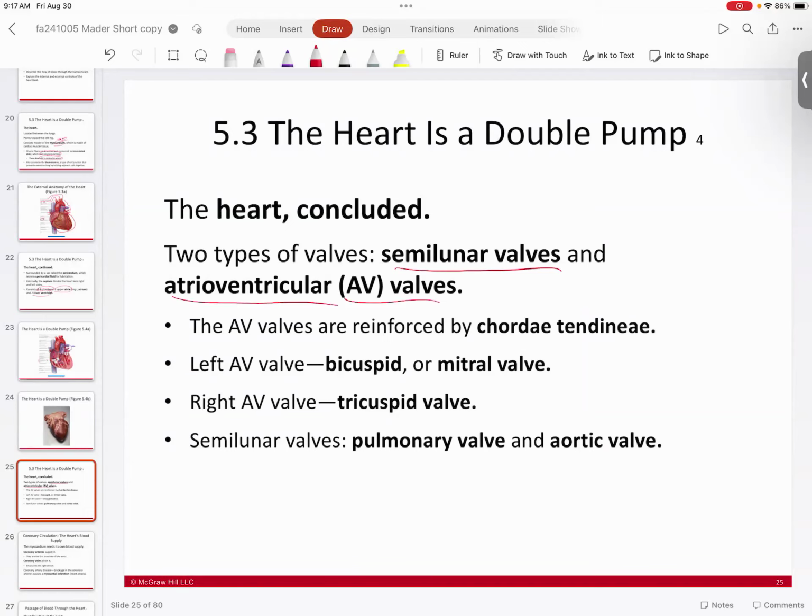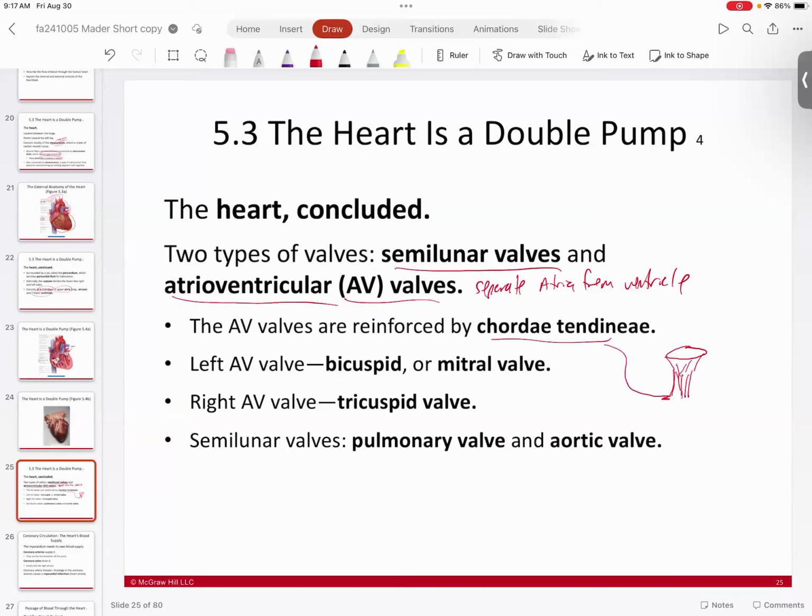When you take a look at this, the AV valves' job is to separate the atria from the ventricle. When you have an AV valve, it looks something like this. It looks like a basketball hoop. And then you see the individual flaps of connective tissue, and these flaps terminate into these long strings called chordae tendineae.